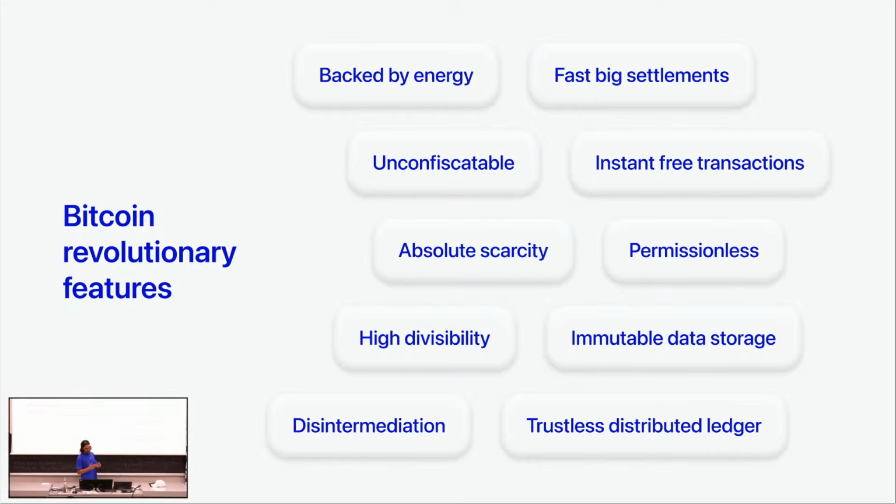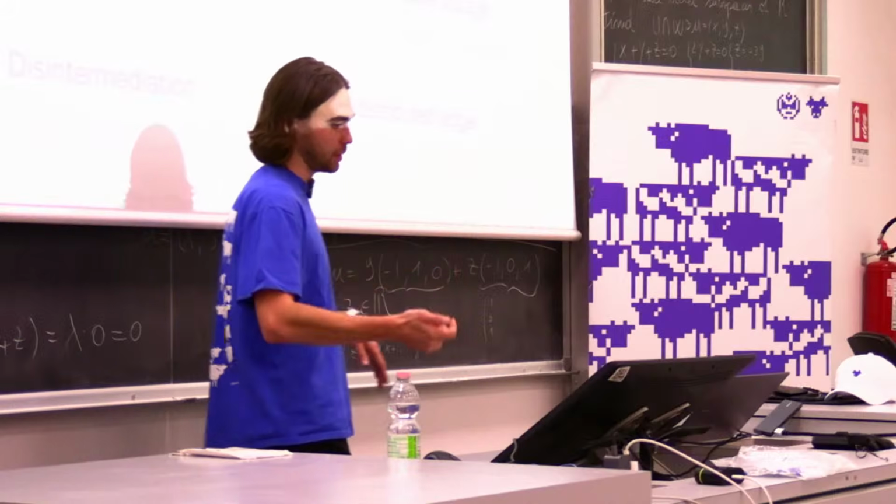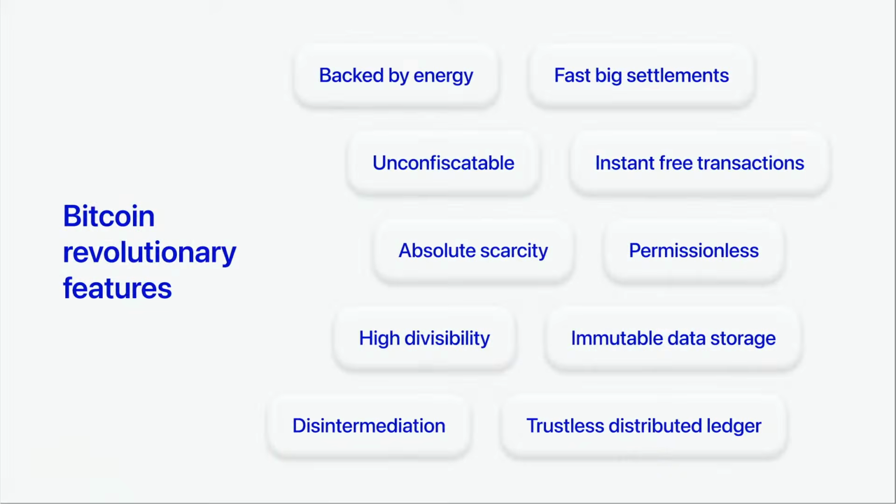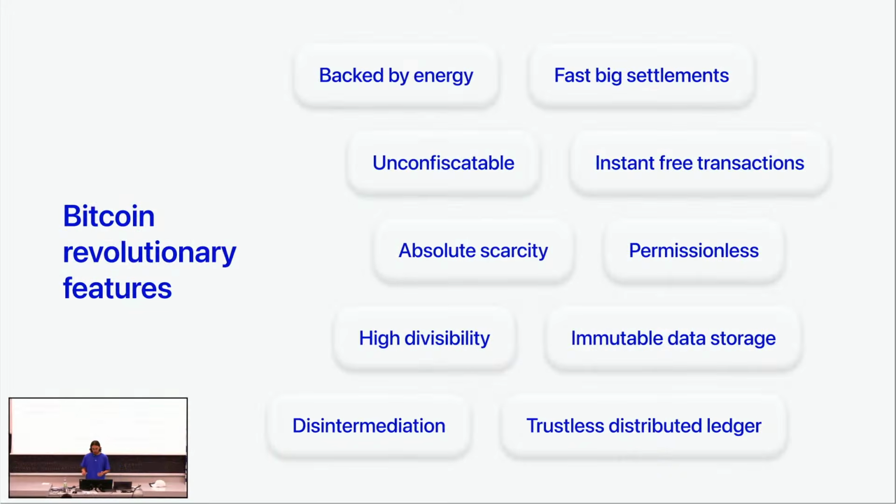It's very linked to the macro trend of microtransactions that we're going to see later, which is awesome. With euros, you cannot send tiny parts, less than 1 cent, to someone in a few seconds. It's impossible.